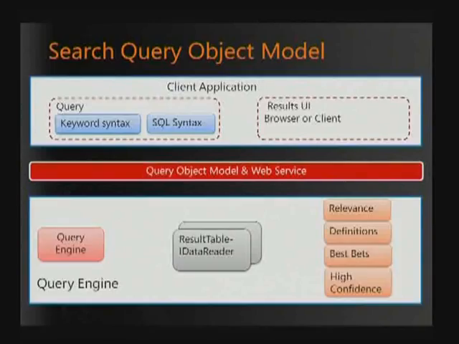You can formulate your query in two syntaxes, keyword syntax or SQL syntax. Then you provide it to the query engine. This can be done using a direct call to the object model or a remote call via search.asmx, the search web service. The query engine is going to accept your query, internally execute it, and give you back a result table.